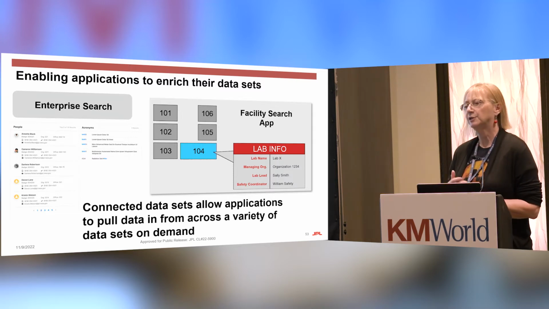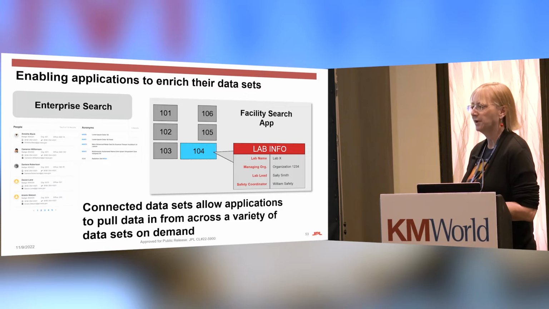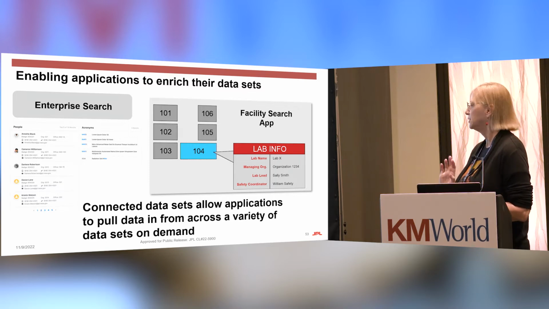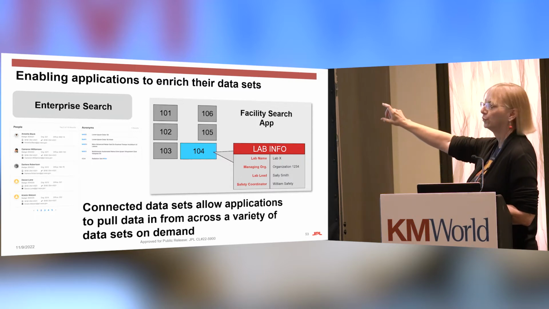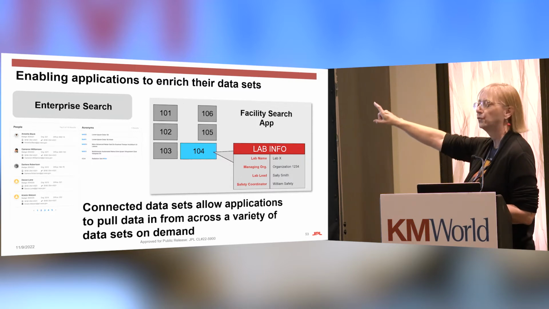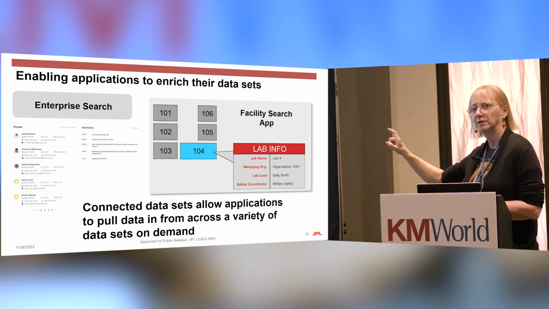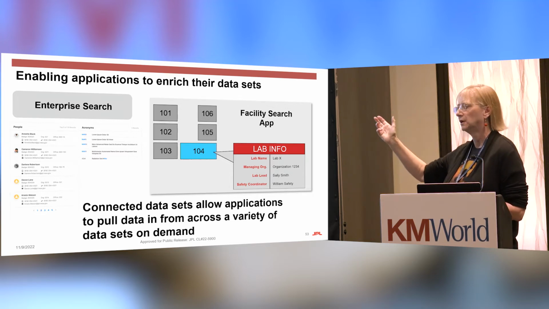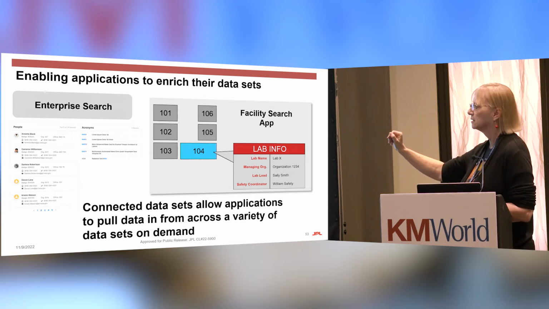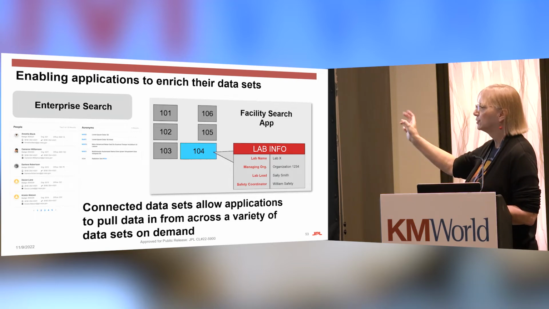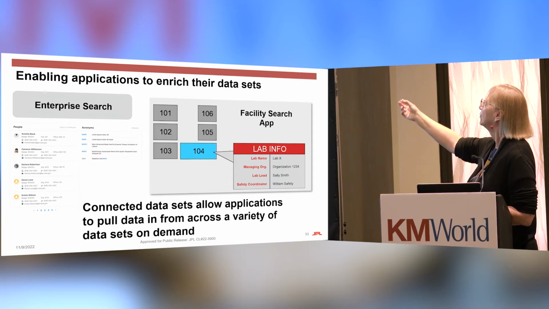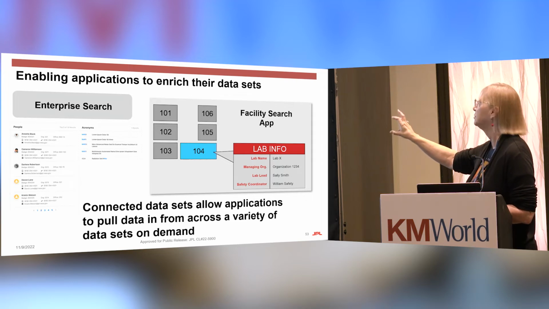Before the IKG, they knew that a certain building and a certain room, let's say 104, was a lab as opposed to a conference room or an office. But that's all they knew about it. It was just a lab. Now that they're leveraging the IKG, they can know the name of the lab, the organization that manages it, the associated people.